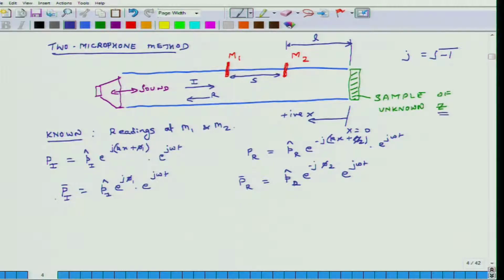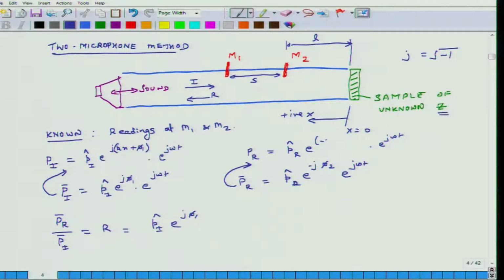Okay. So if I plug these back into these relations, what I also get is that Pr bar over Pi bar, which is nothing but my reflection coefficient, because e^{jωt} cancels out. So this is equal to Pi hat e^{jφ1}, and actually I would make a small modification here. I think I made an error.